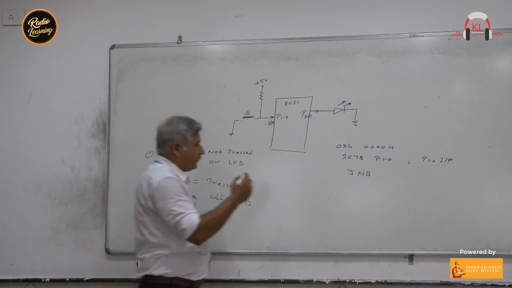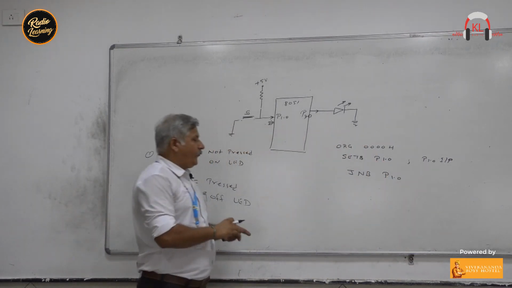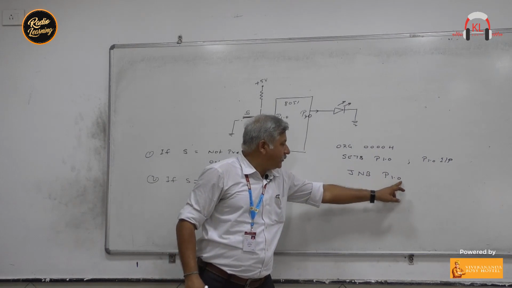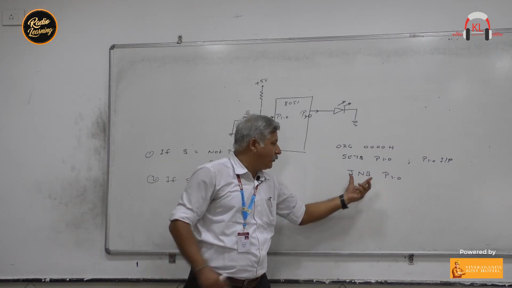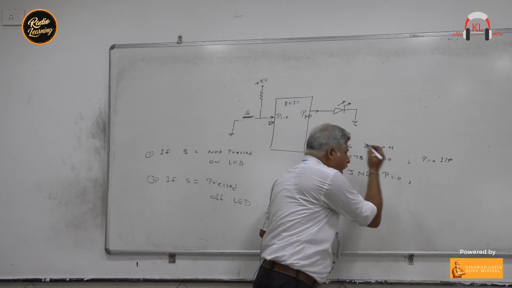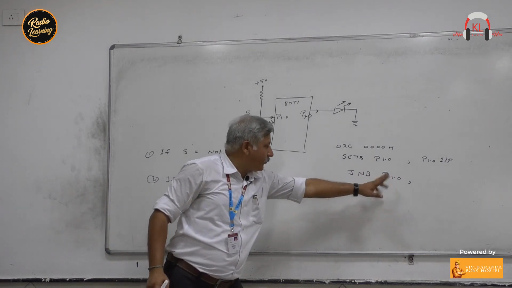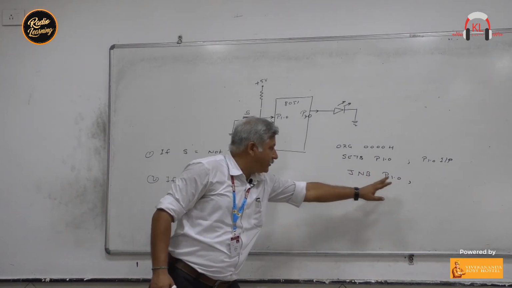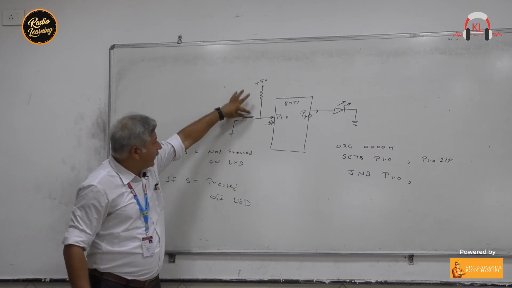JNB P1.0. If pin number 1.0 is 0, then you jump to one particular place. What is the meaning of jump no bit? If P1.0 is 0, which is when we press the switch.